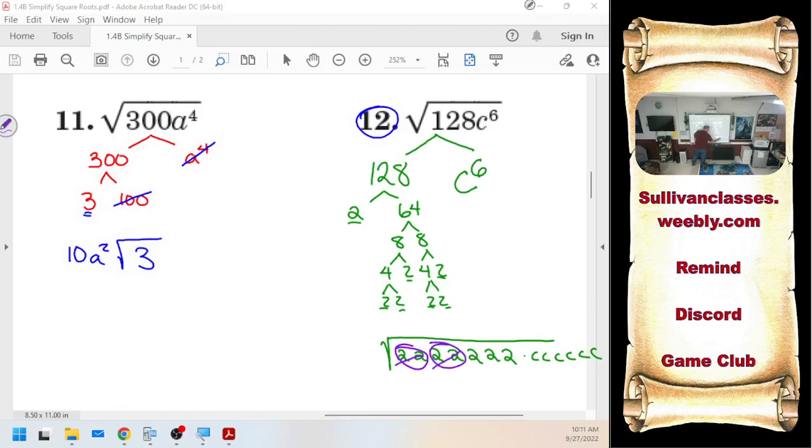One comes out, one comes out, one comes out. One comes out, one comes out, one comes out. Multiply it all the way out. You should have 8c to the third on the outside. Still a lonely little 2 on the inside.